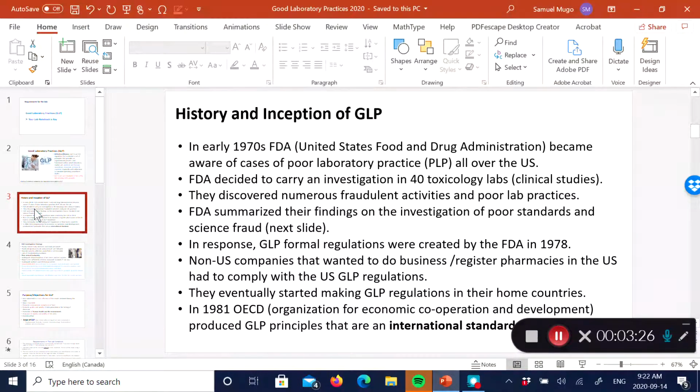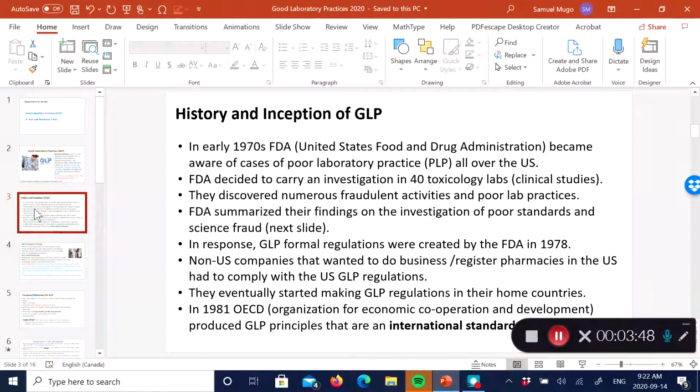Now, all non-US companies that wanted to do business, especially related to clinical studies, drug formulation, and marketing of those kinds of drugs, had to abide by the US GLP regulations.